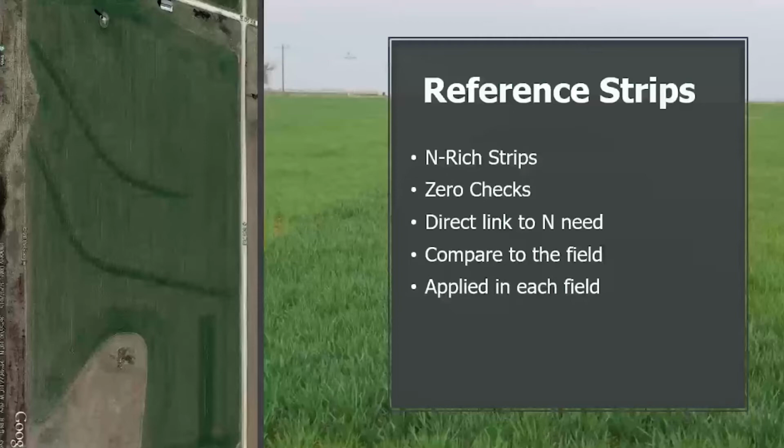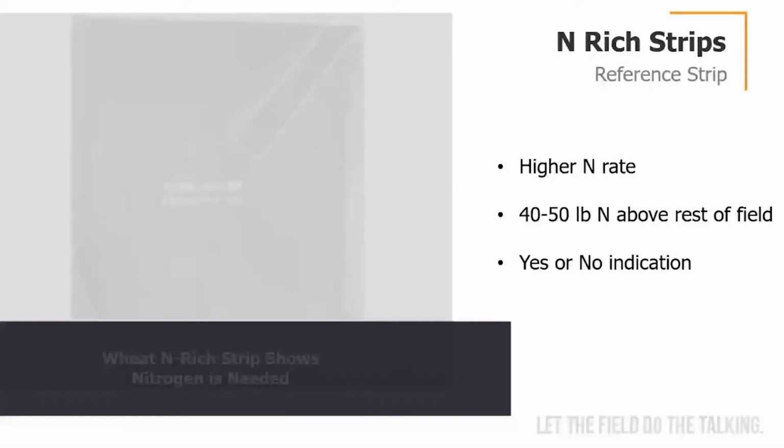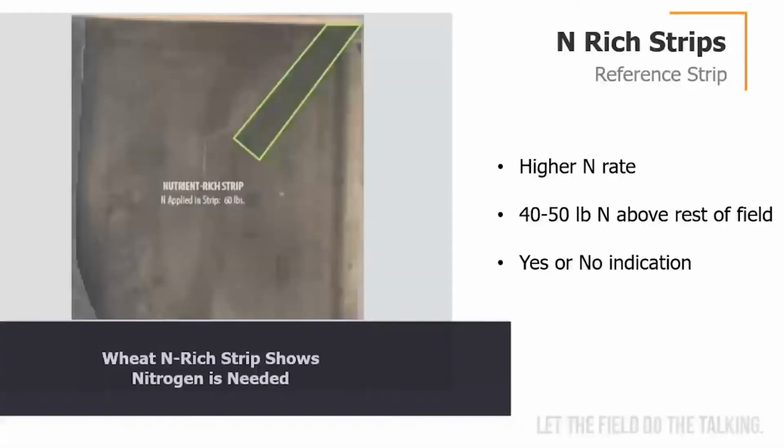And so we use these reference strips in each field to be able to provide a site-specific recommendation. And we use that to compare that strip to what the rest of the field is doing. The enriched strip is an area in the field that has received more nitrogen, at least 40 to 50 pounds per acre above.